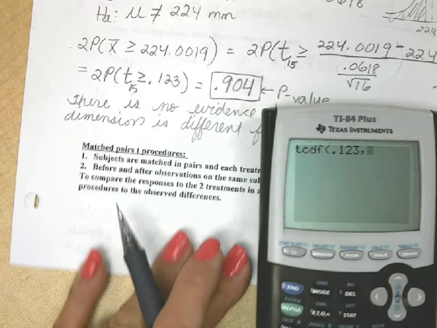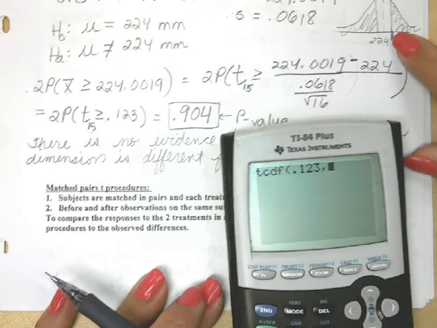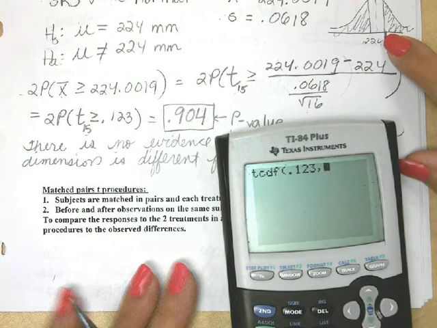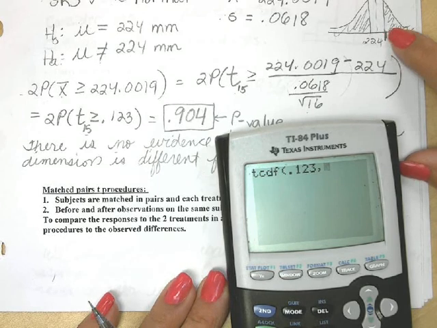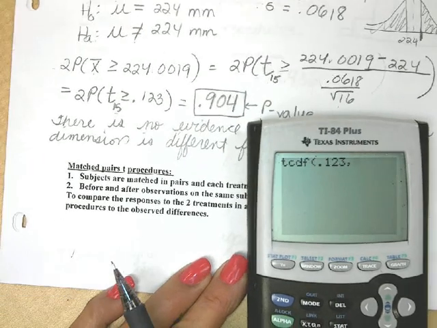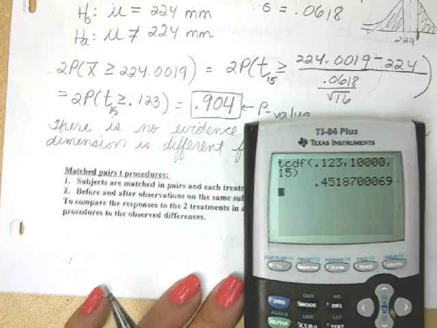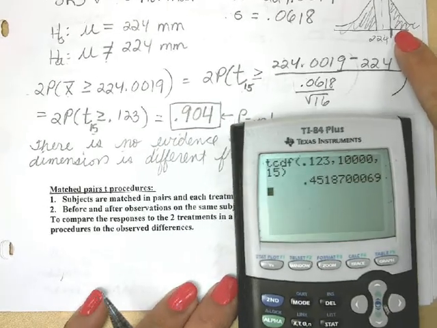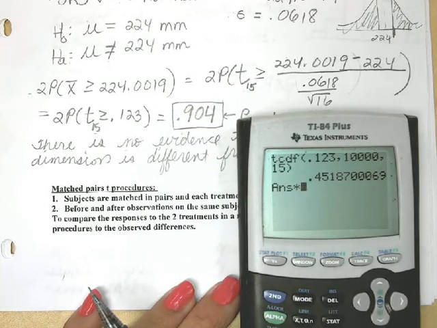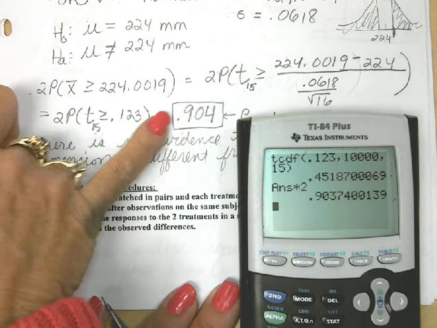So I know that this value corresponds with 0.123 as a t-value, and I want to go up higher. And so I just put in a big value, much the same as we do with a z-value. Now, the only thing different is you do have to put in a comma and put what your degrees of freedom is. Now, that's the area of that upper tail. Because it's a two-tailed test, I have to multiply that by 2, and that gives me this value that I wrote down here.